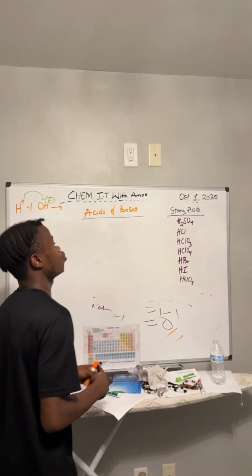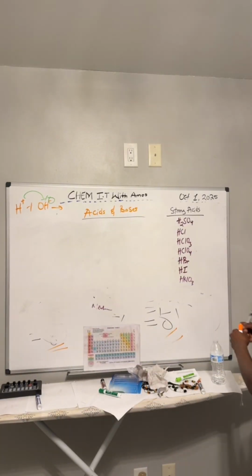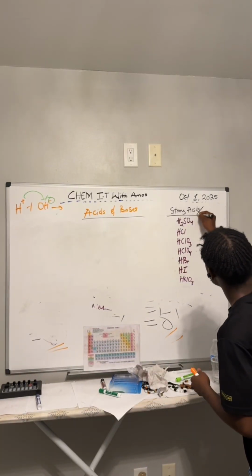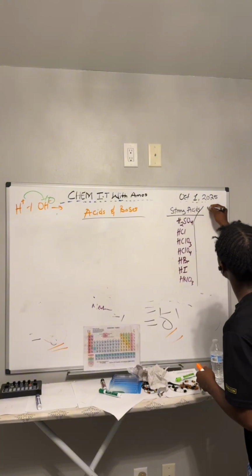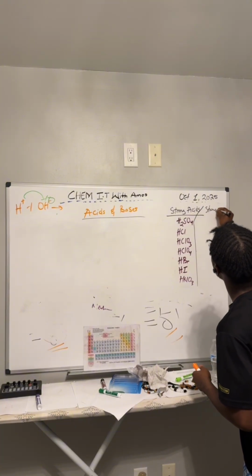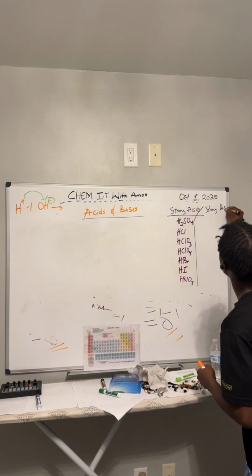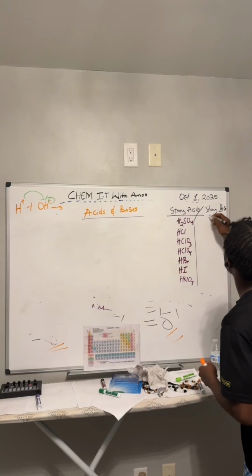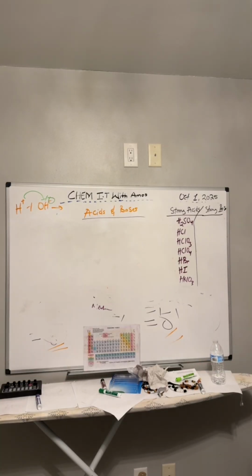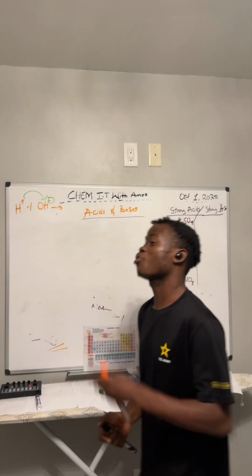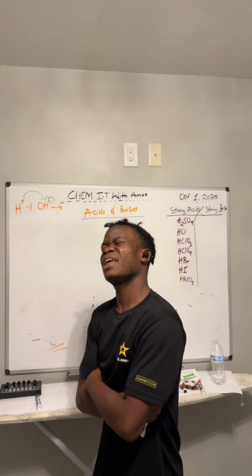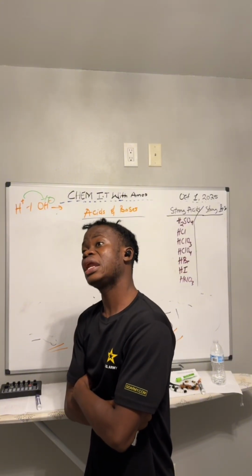Okay. So right here we can label strong bases. What's the first one we know of strong bases? We have an element in group 1 called lithium.